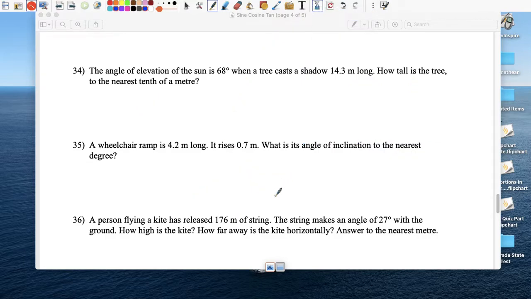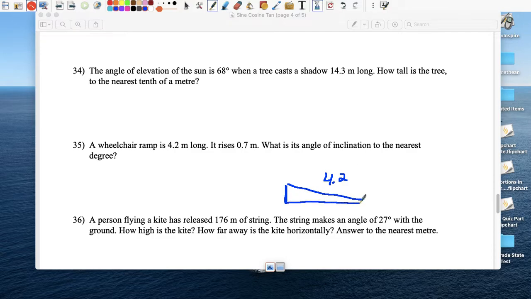A wheelchair ramp is 4.2 meters long. It rises 0.7. What is the angle of inclination to the nearest degree? The way I understand it is, here's your wheelchair, here's the ramp, and that ramp measures 4.2.